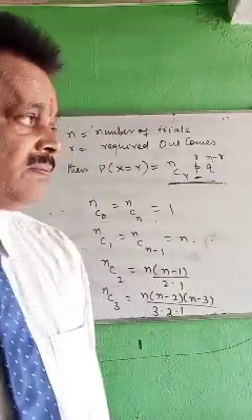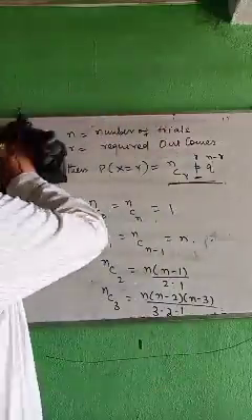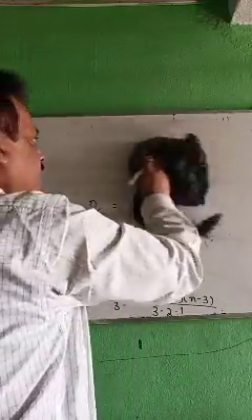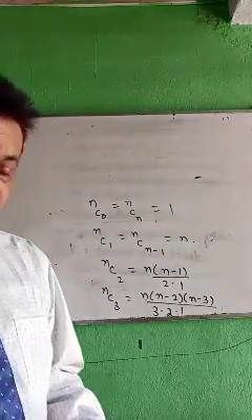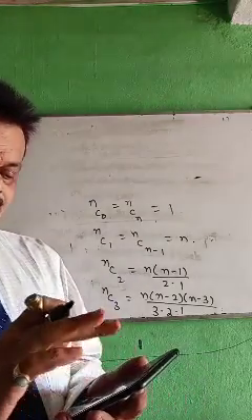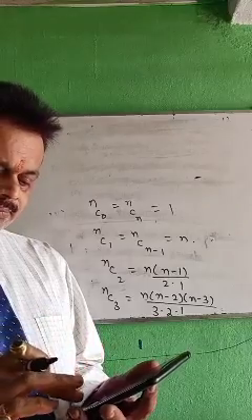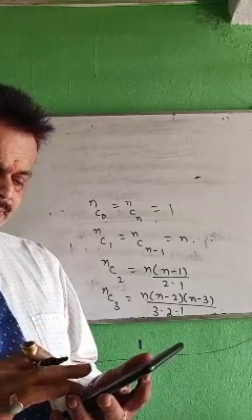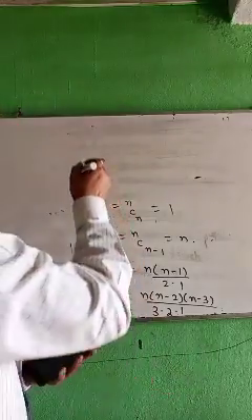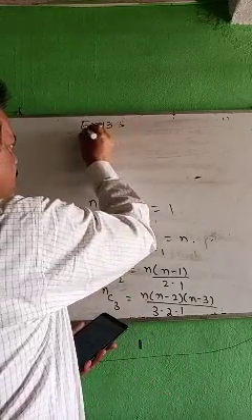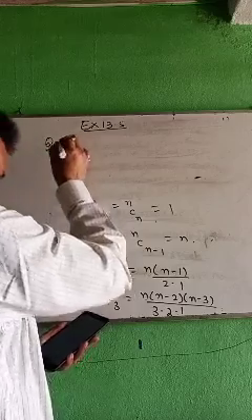So let's go to the exercise to solve a few questions. It will be clear to us. If you see the first question on this, go to exercise 13.5. What is our question here?